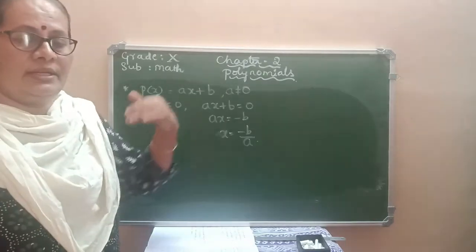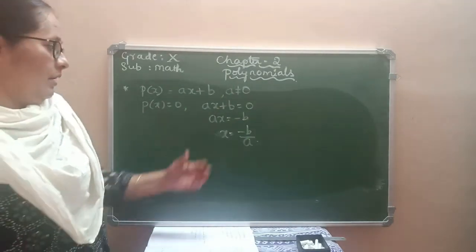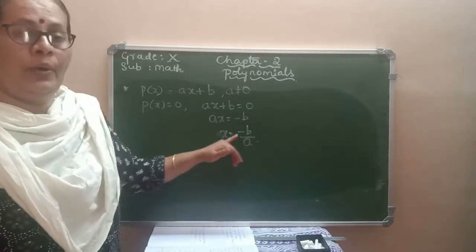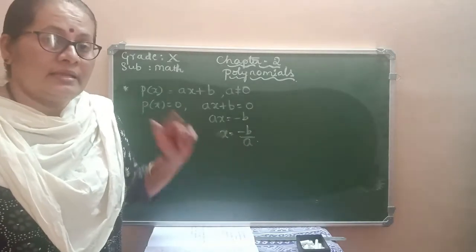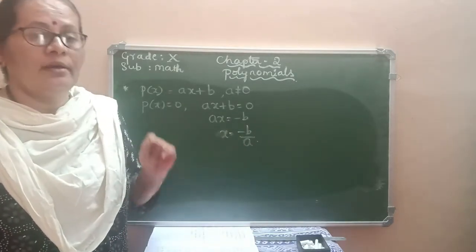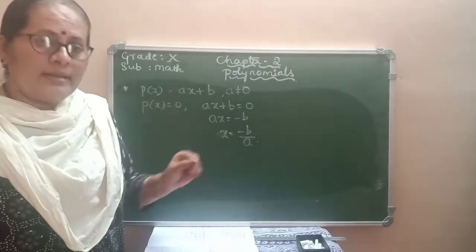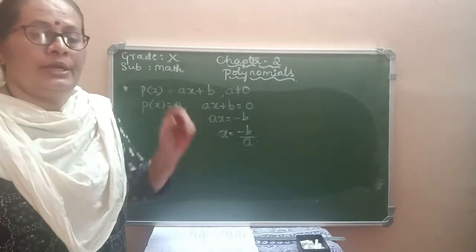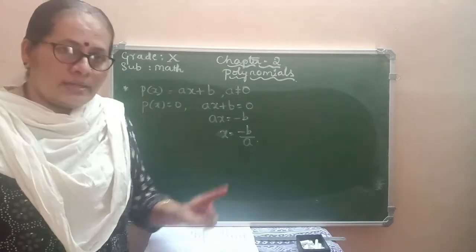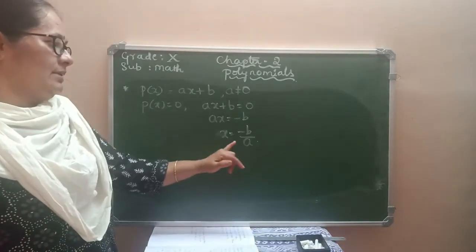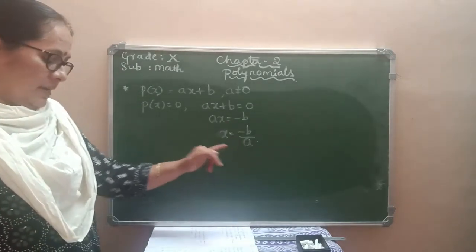When the expression is equated with 0, then x equals minus b by a is the 0 of the polynomial. For all linear equations, you will get only 1 0, that is x equals minus b by a.